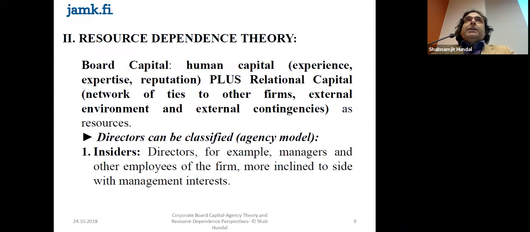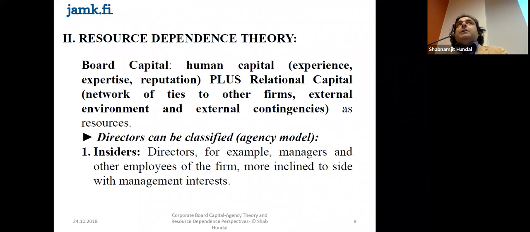Unlike agency theory, which assumes that there is always a gap, there's a utility function of agent and principal, and there are a lot of issues between them. They don't think alike. The things which make the agent happier can be at the cost of the principal, the shareholders. As a result, conflicts can occur.